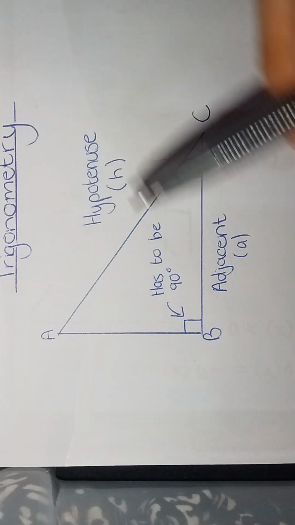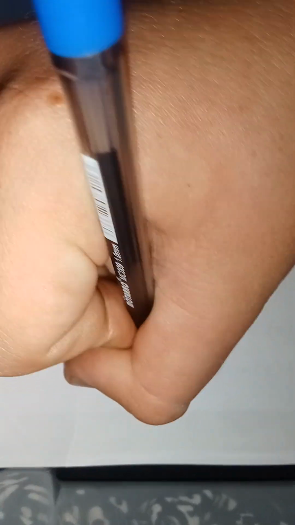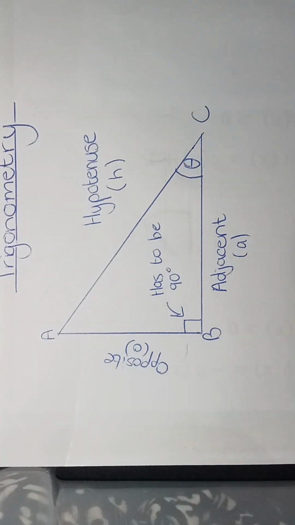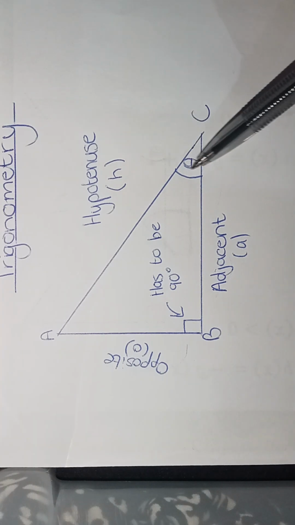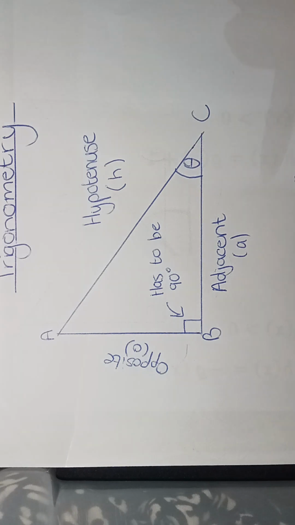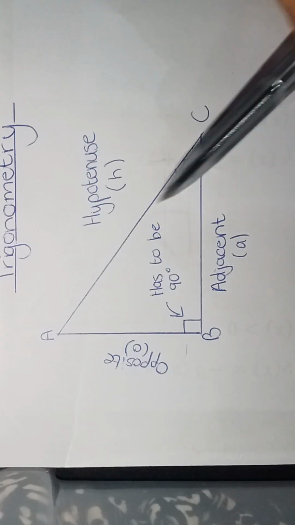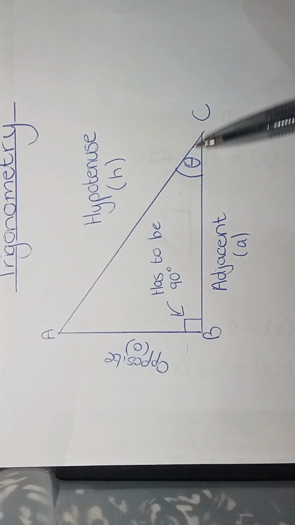And this side of the triangle is always the opposite, represented by a small o. Now, why? In relation to theta, the angle, this side is the opposite side of theta, this side is the adjacent side to theta, and this side we just call the hypotenuse.